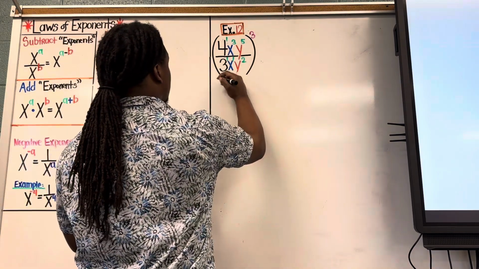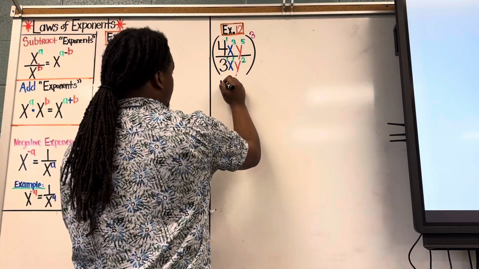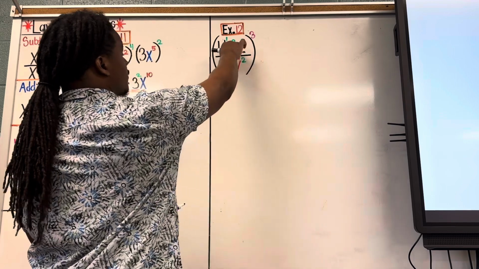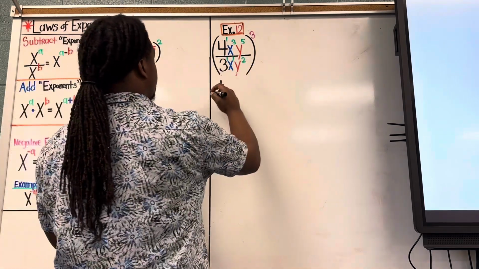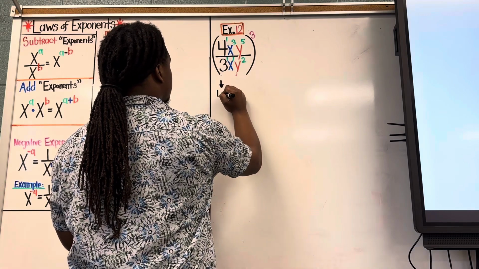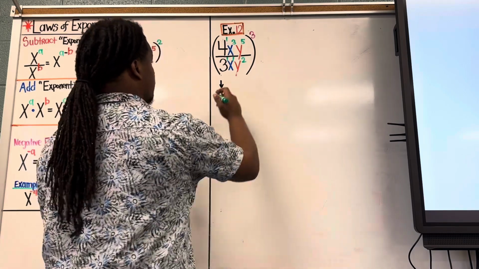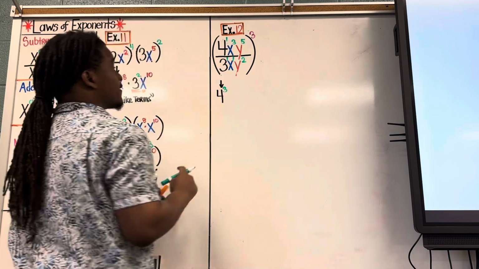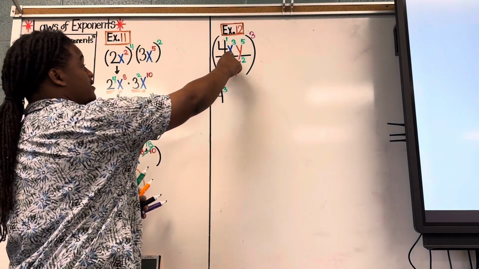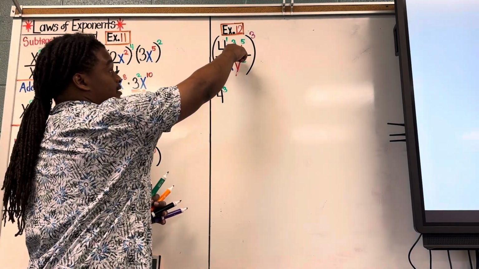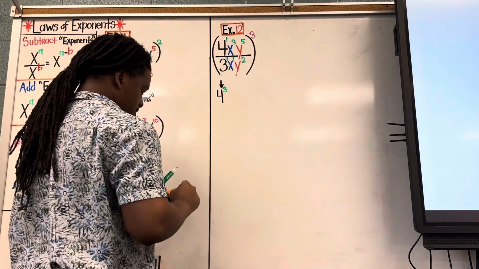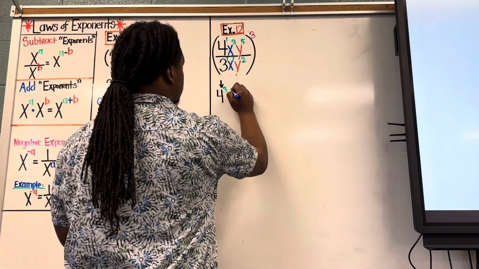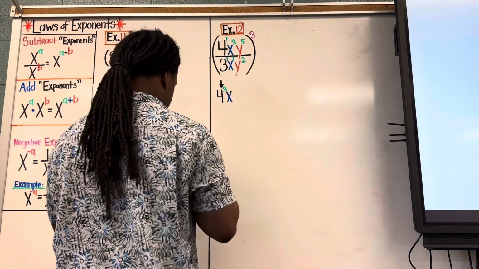We start with the 4 to the first power, or just 4. The first power times the power of 3 is 3, so that's going to be 4 to the power of 3. Now the x. The power of x is 3, and I multiply 3 by the outside power of 3. 3 times 3 is 9, so that's x to the ninth power.